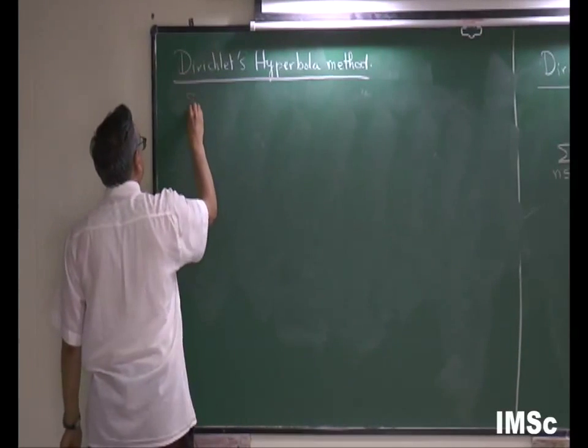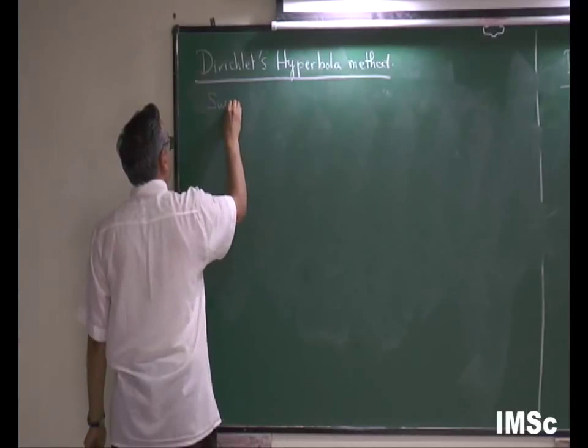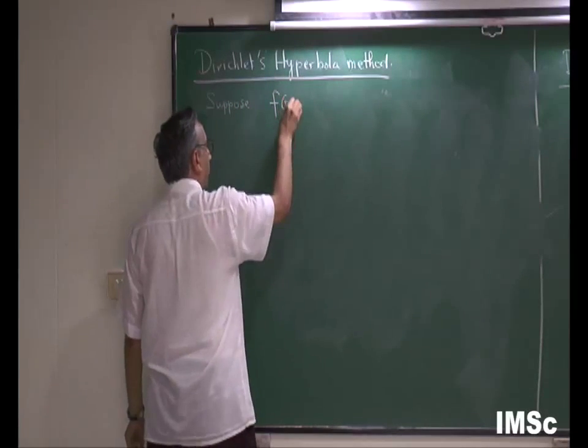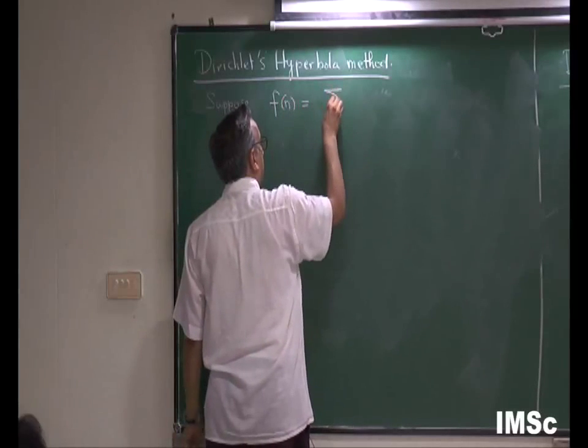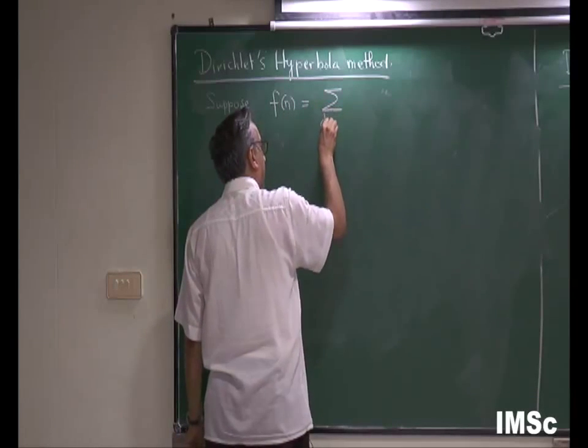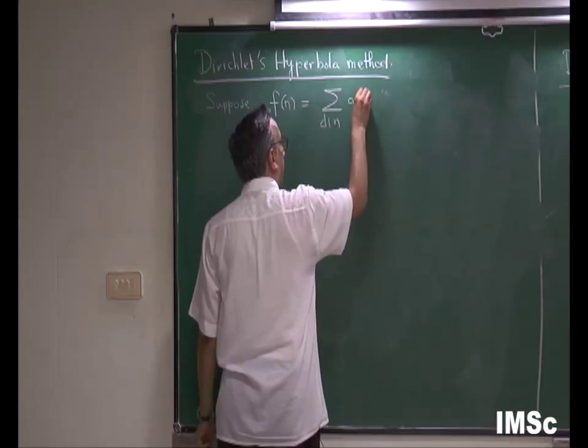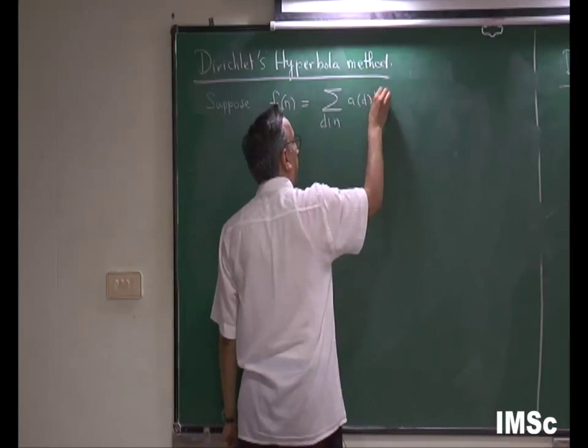Suppose I have an arithmetical function which is equal to the summation over d dividing n of a of d times b of n over d.